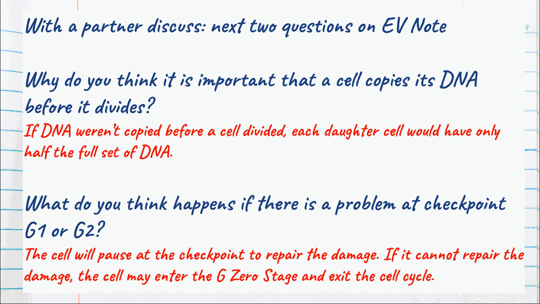And so during the G0 stage, the cell will continue to perform its everyday functions, its regular functioning, but it does not go through division, so it will not prepare for division. So really, it's kind of exiting that part of the cell cycle, and the division will not occur.